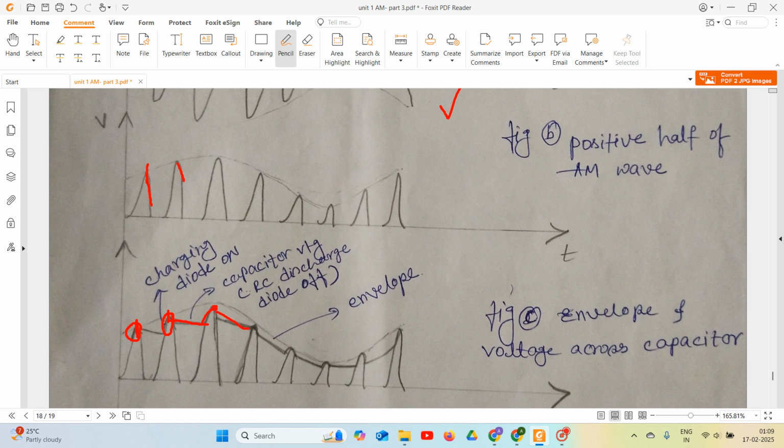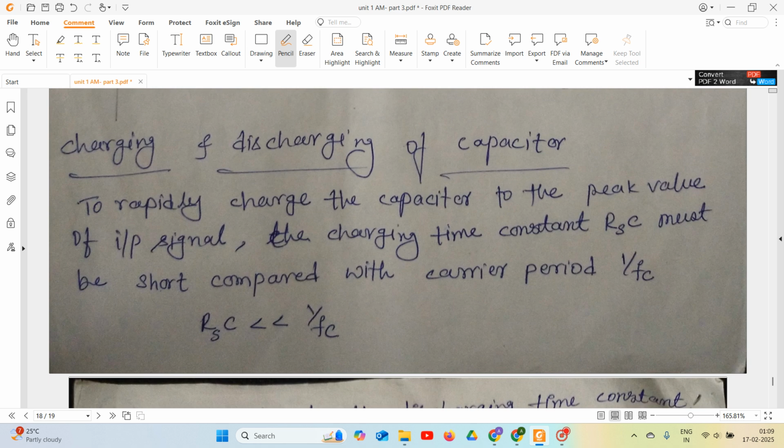So for this, it has to satisfy a condition. This is the tau, which we call the delay time, calculated using the source resistance and capacitor. That delay should be less than 1 divided by fc.